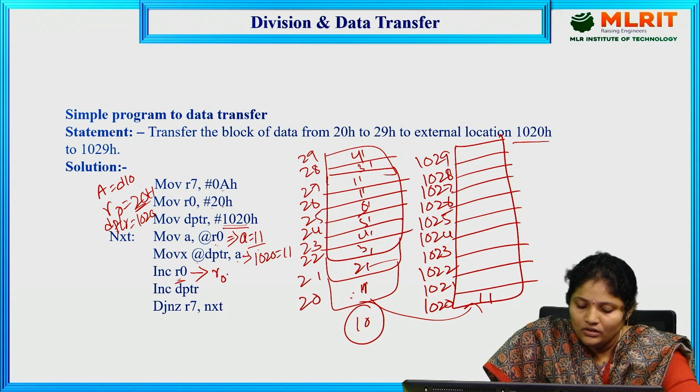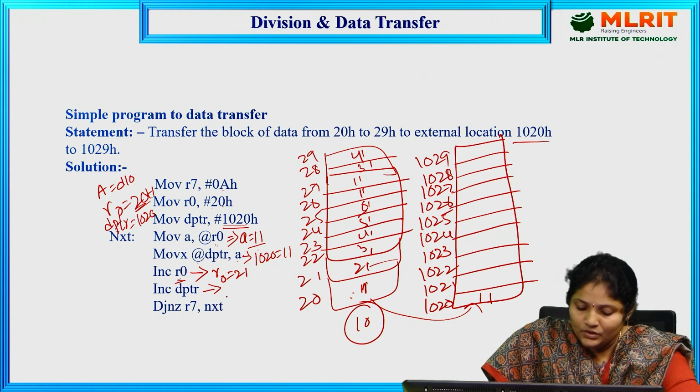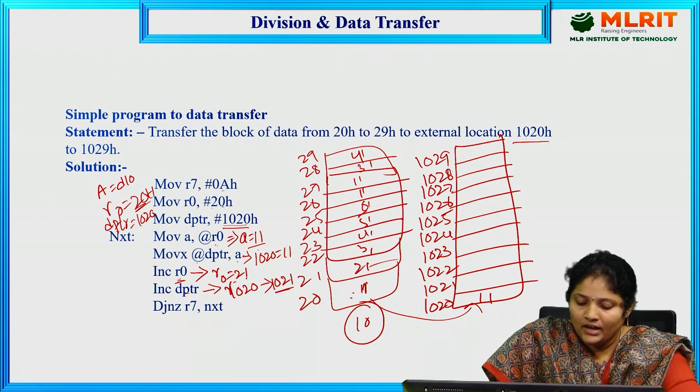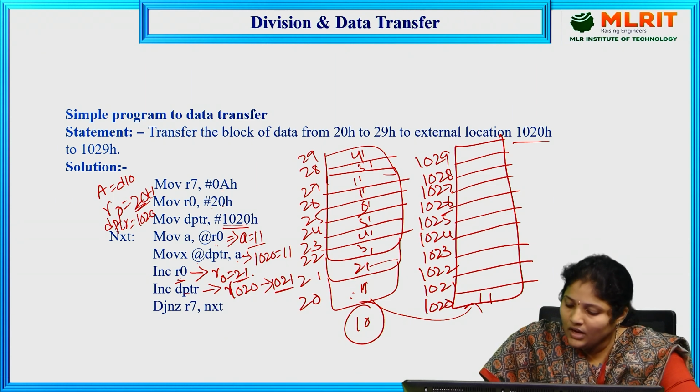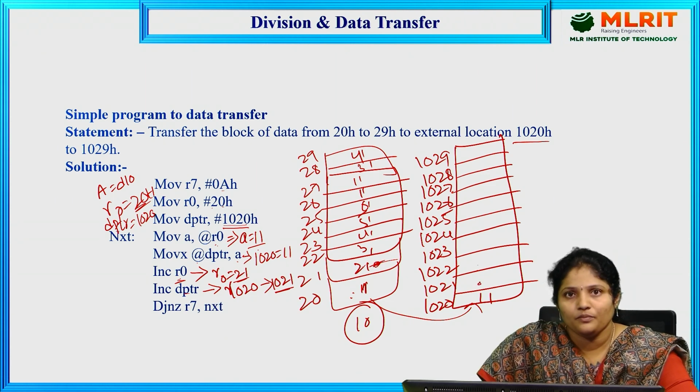R0 value 21. And here we also increment DPTR. The DPTR value 1020 is incremented to 1021. So DPTR is having 1021. R0 is 21. So now the data from here needs to be copied to the 1021 location.